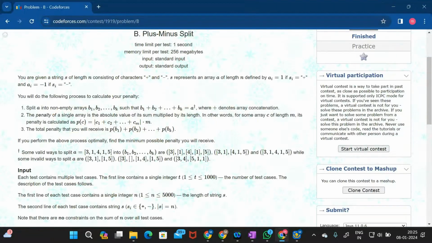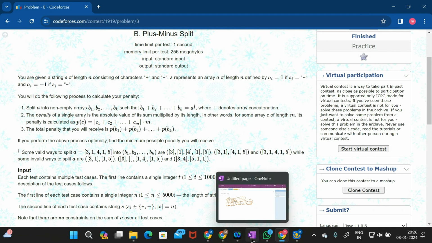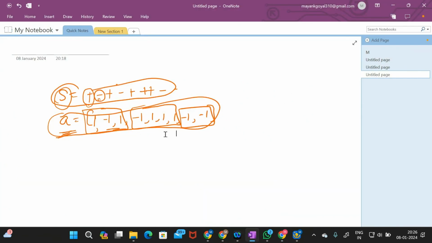Let's move forward. The second step is the penalty of a single array is the absolute value of its sum multiplied by its length. Okay. So in this statement, we have to calculate the penalty. Let's say we choose this subarray of length 3: 1, minus 1, 1.